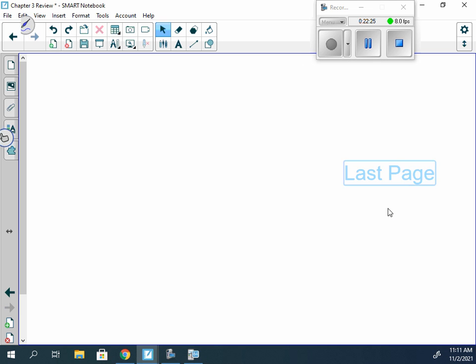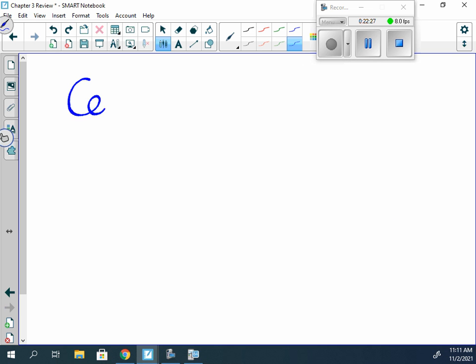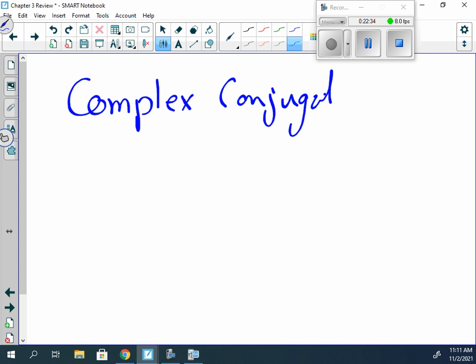Okay, there is one other thing I do want to talk about, and that's our complex conjugates. I know it's not in there. But what would the complex conjugate of 6 plus 7i be? 6 what? 6 minus 7i.